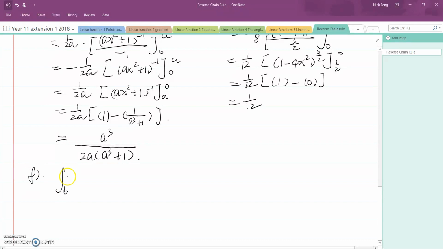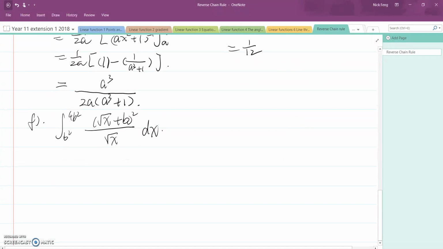Integrating b squared to 4b squared. Again, this time involves (square root x plus b) squared on root x dx. Now, in this case, remember the derivative of the inside function, which involves the root x, is 1 on 2 root x. So therefore, that's the component.